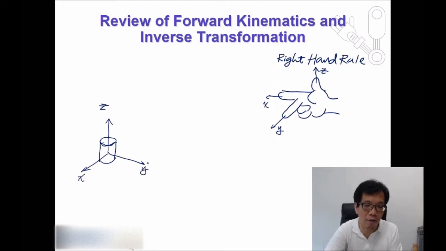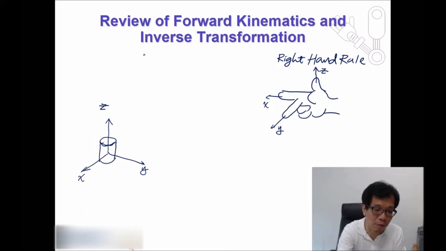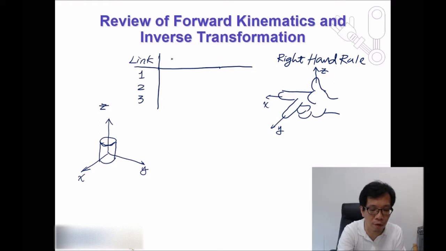Okay, and there are four parameters we're going to describe between two joints, and those two joints must have some kind of rigid body linked between them. That is our link. So every time we're going to put a table, and we put our link number 1, 2, 3, and four parameters.